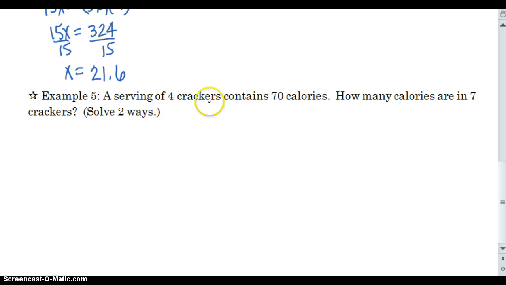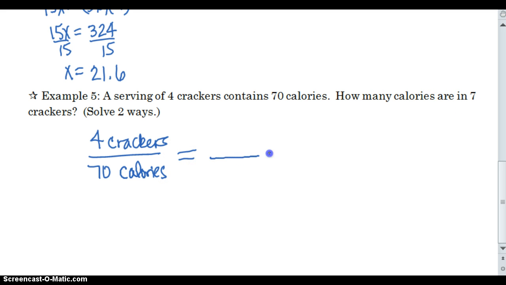A serving of 4 crackers contains 70 calories. How many calories? So I'm looking for calories, so my X here is calories. How many calories are in 7 crackers?